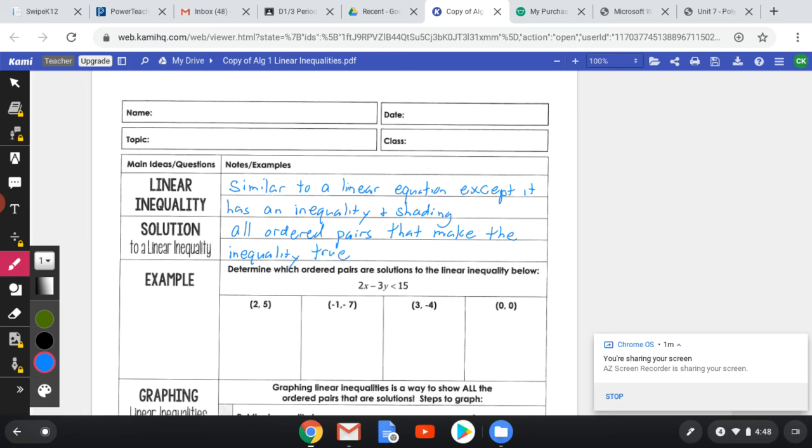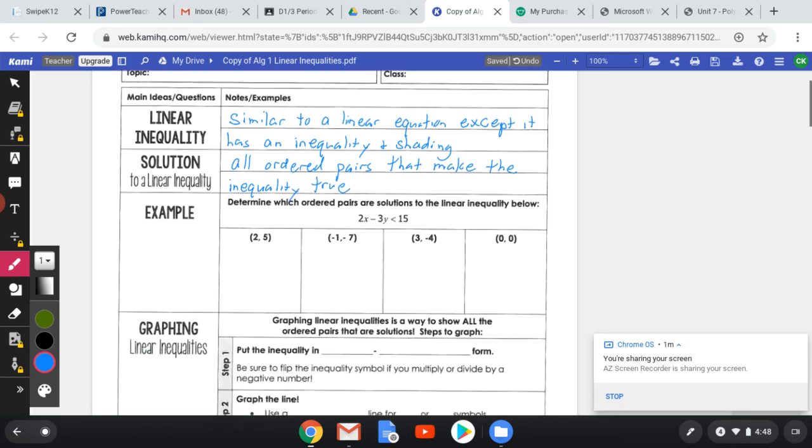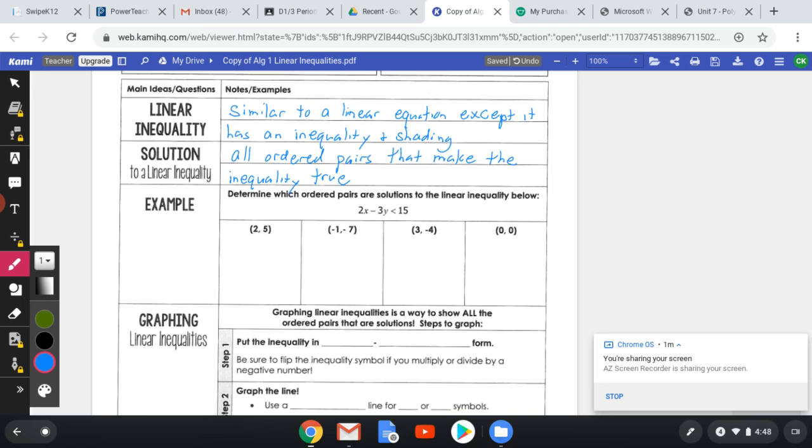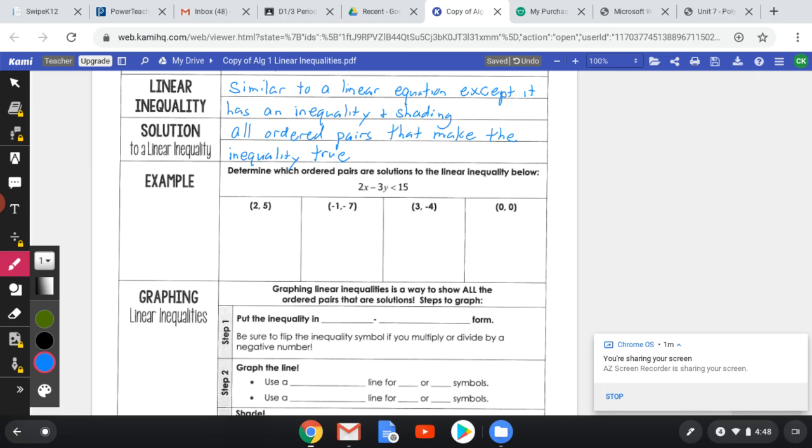But before we look at that, let's take a look at some examples of ordered pairs that may or may not work for an inequality. We talked a little bit about this in the beginning of the year. If I look at the first one, (2, 5), is that a solution to the linear inequality that's written? All we have to do is put in 2 for x, 5 for y, and see what we get.